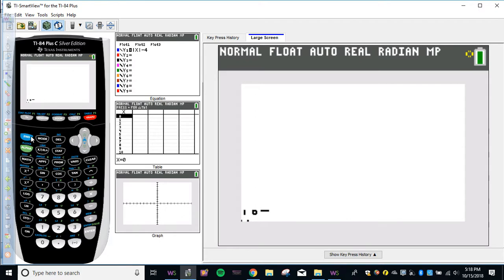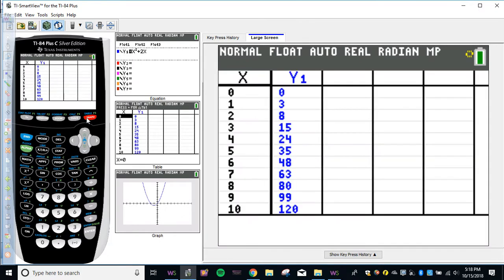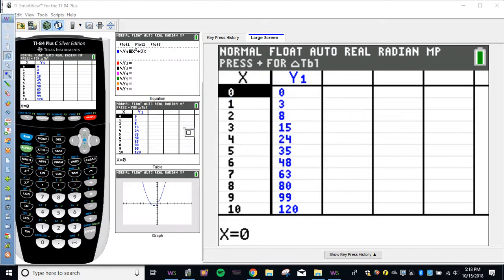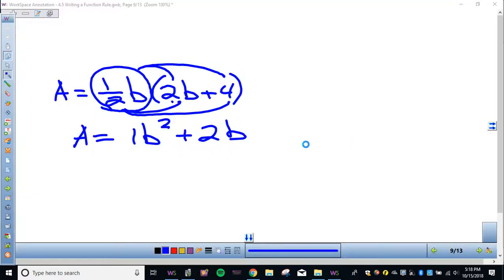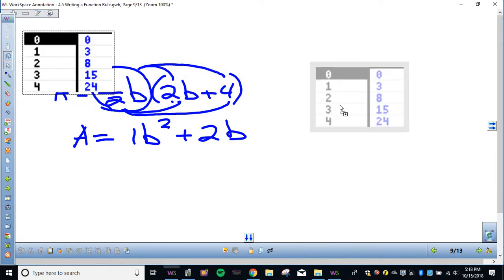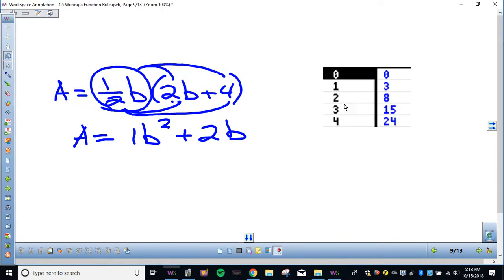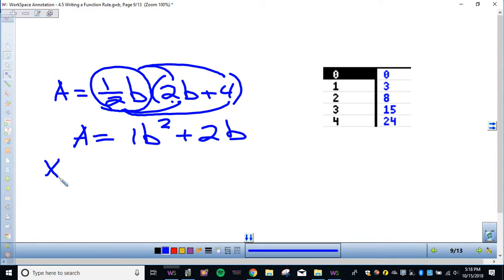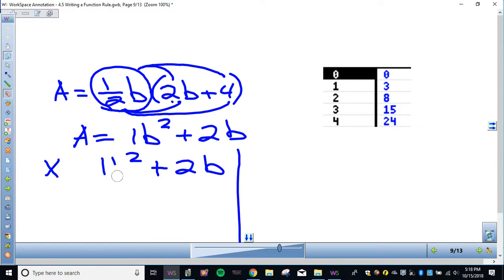So if we look at the table of values, that's what's going to happen with our table of values. So I'm just going to copy this back to the page we were working on and make sure we get the correct ordered pairs. So we're going to make our x, y table. And I'm going to go ahead and change those b's to x's.